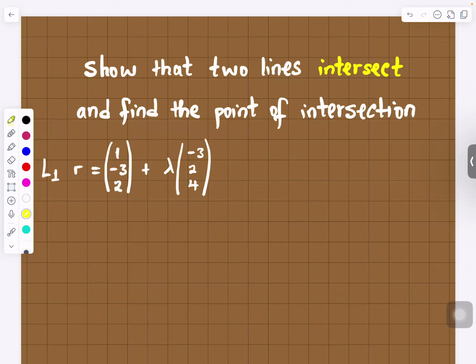And then the next line, L2: (5, -10, -11) plus mu (5, 1, 1).